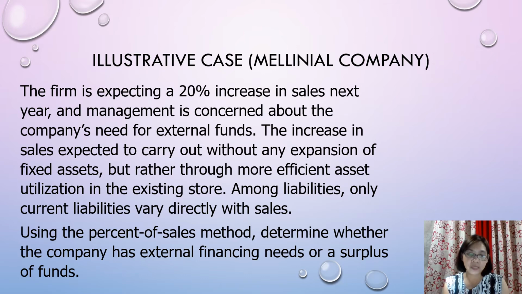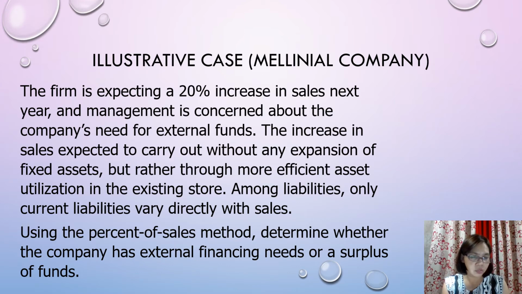So, 35% ng 350,000 ay 122,500. Then, ililess lang natin yung earnings before taxes and then the taxes para makuha yung net income or earnings after taxes which is 227,500. Then, meron pong dividends dyan, which is 136,500.